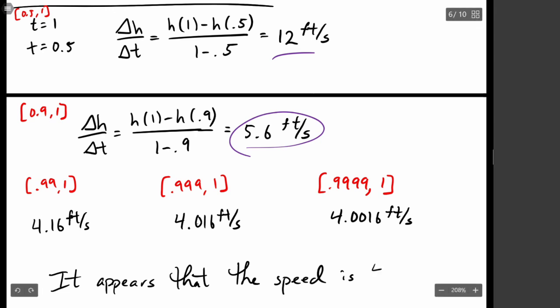I'm going to go with 4 feet per second at this time, 1 second. Right. So this is just sort of an idea of where we're going with the average rate of change. So hopefully that helps, and see you in the next one.